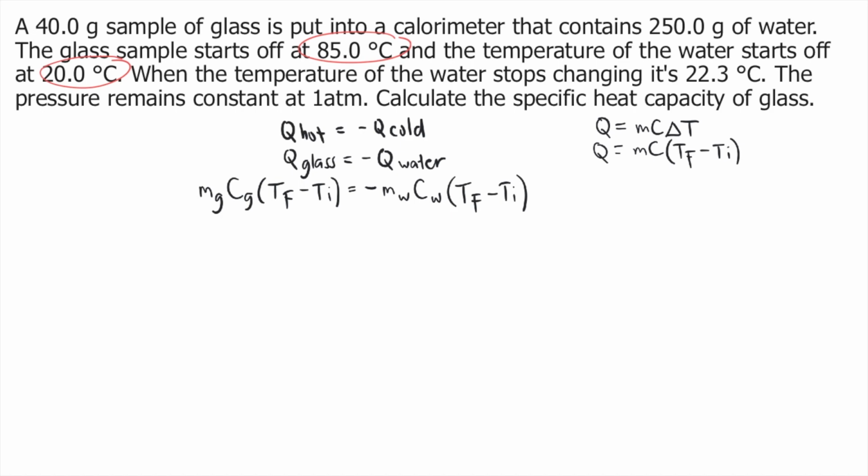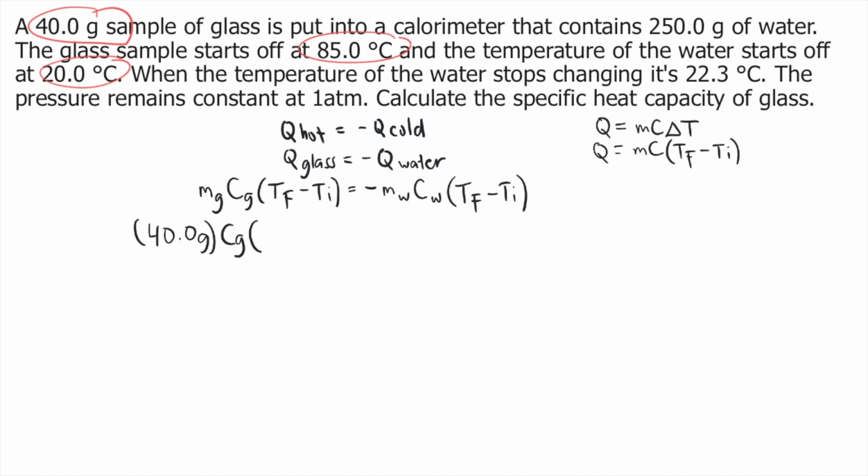So according to the problem, the mass of glass is 40 grams. So we put 40.0 grams. For the specific heat capacity of glass, it's unknown because it's what's being asked in the problem. So just put Cg.